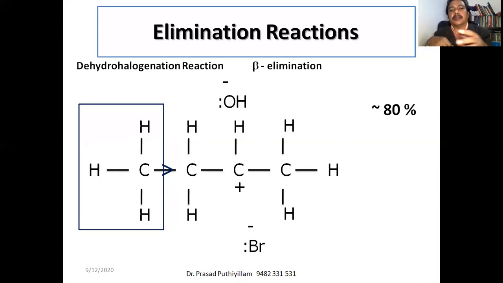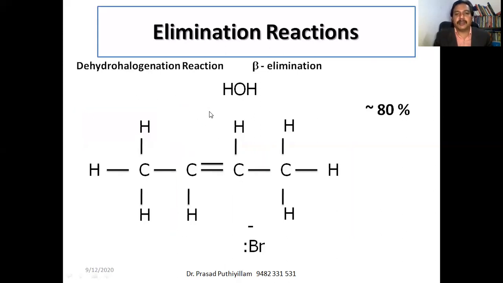Therefore, it can give the electron easily. The possibility of the hydrogen on the right side giving the electron towards the carbocation is very less, whereas this is the highest possibility, and H becomes H plus.